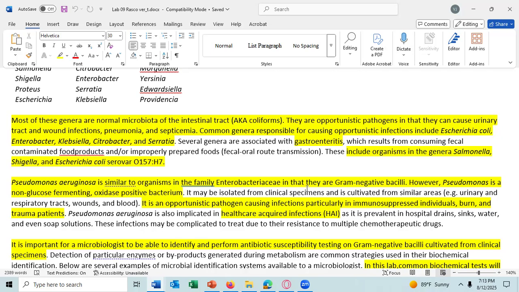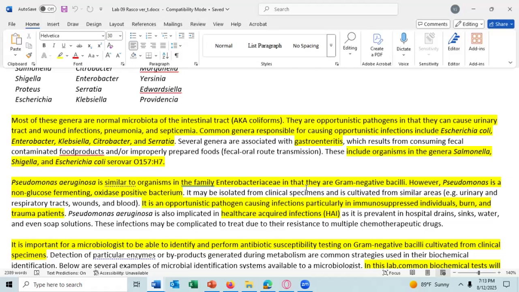Enterobacteriaceae are all facultative anaerobes. They all can ferment the sugar glucose, and they're all oxidase negative. And the family Pseudomonaceae are all aerobes. They cannot ferment the sugar glucose, and they're all oxidase positive.